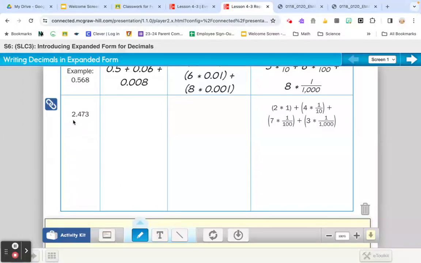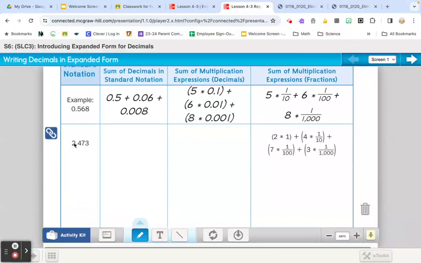So we look at our ones place, and this time we don't have a 0 like the example, we have a 2. So we're going to have to start with 2. And it's just a 2 because we are doing the standard notation. Plus, we have a 4 in our tenths place, so it's 0 and 4 tenths. And then we have a 7 in our hundredths place.